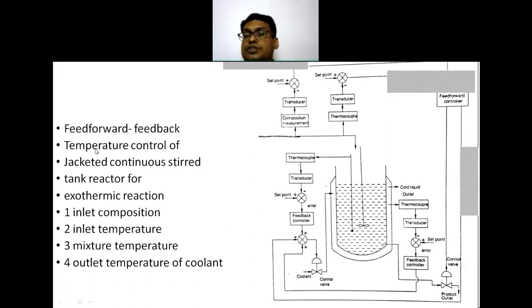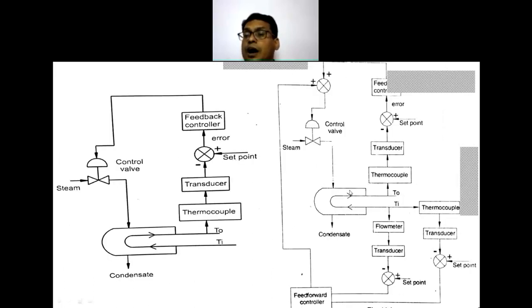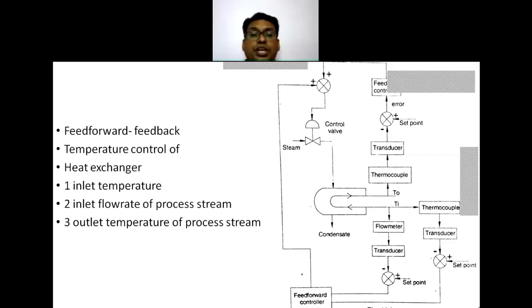However, in case of a feed forward and feedback controller, three entities are of concern: the inlet temperature, the inlet flow rate of the process stream, and the outlet temperature of the process stream.